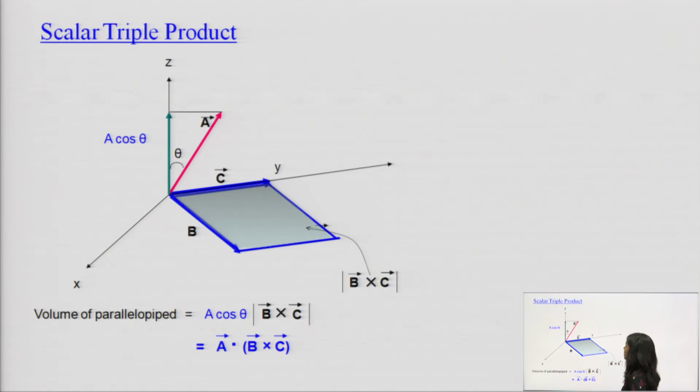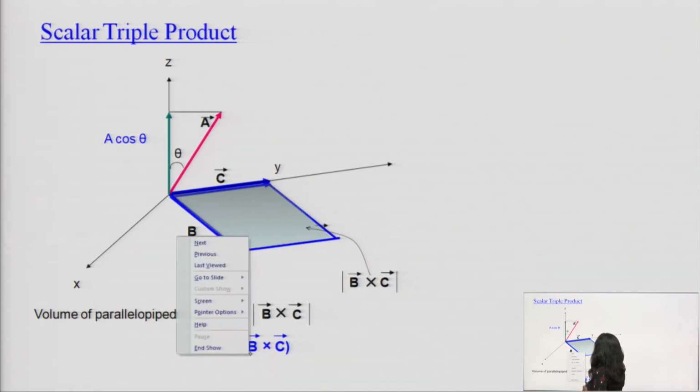Now let's see the scalar triple product. In the triple product, the product is triple but scalar. So here we need to do the dot product of this with a cross product.